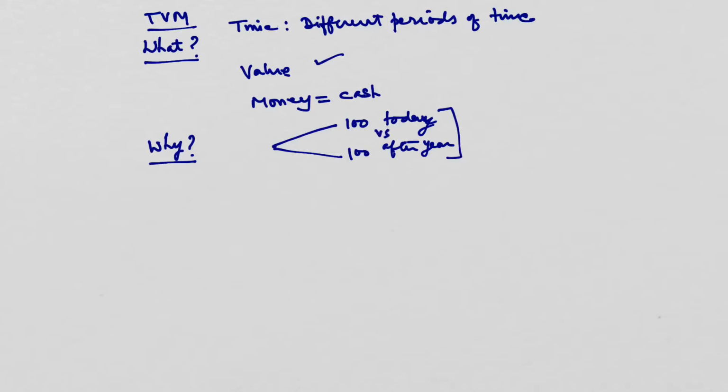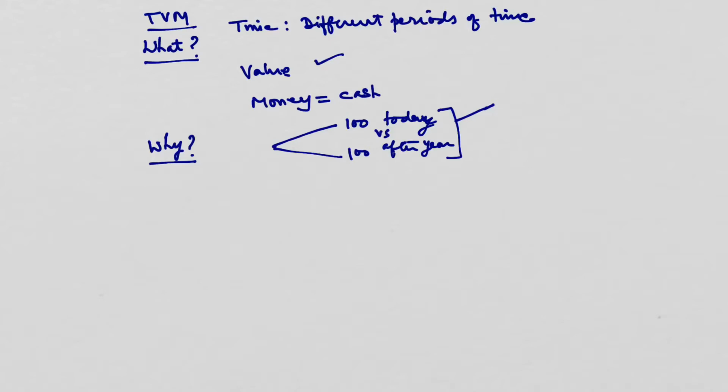So the choice is between these two. Maybe you will say it's common sense that I would prefer 100 rupees today. And you may argue that you would like to take these 100 rupees to a restaurant or to a coffee shop and drink a hot coffee.